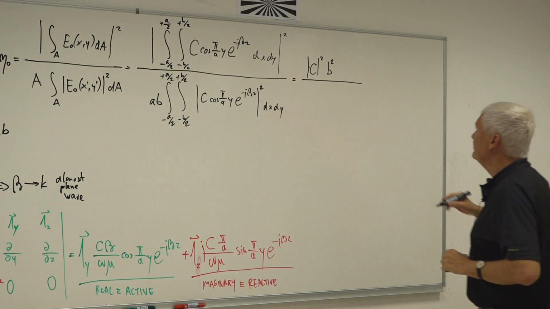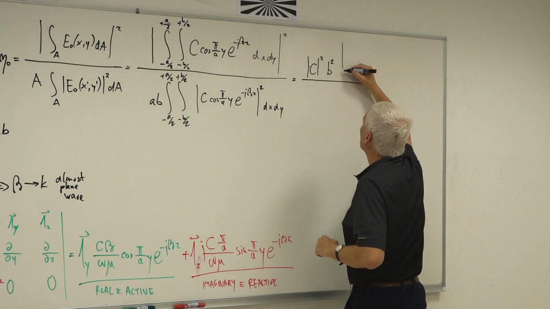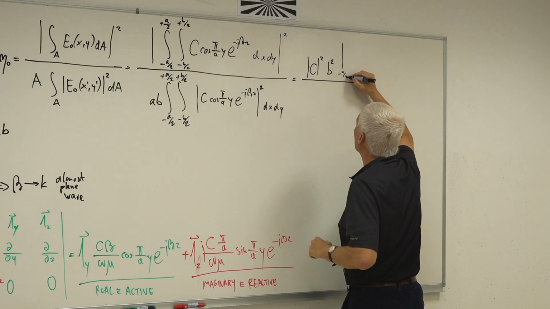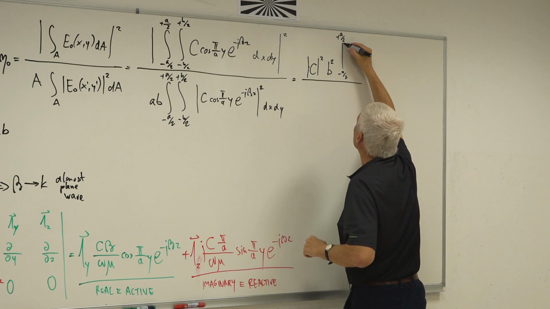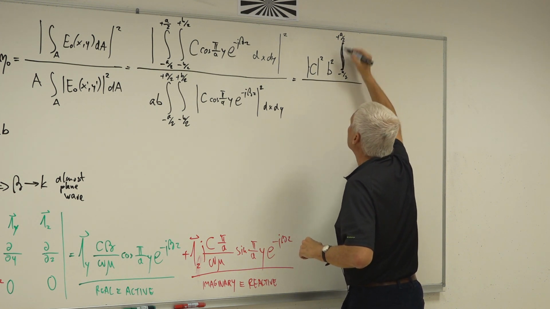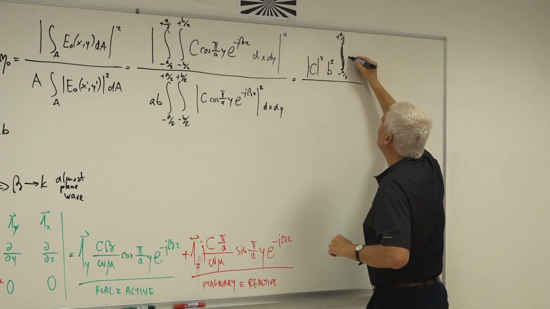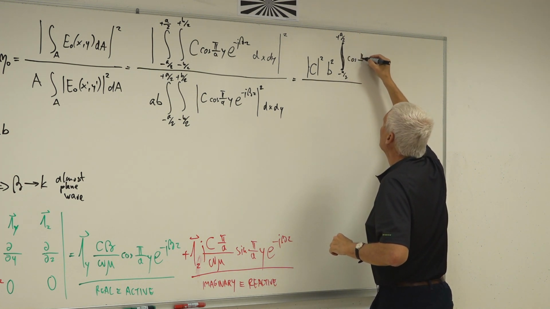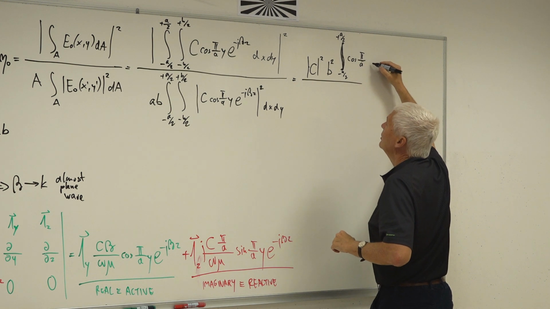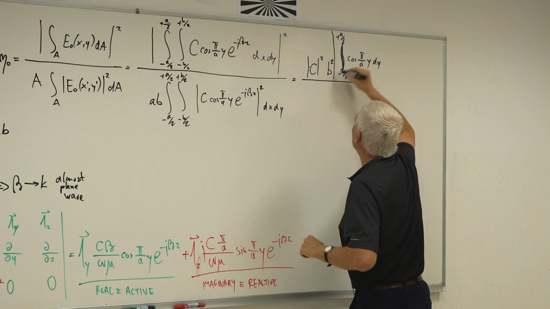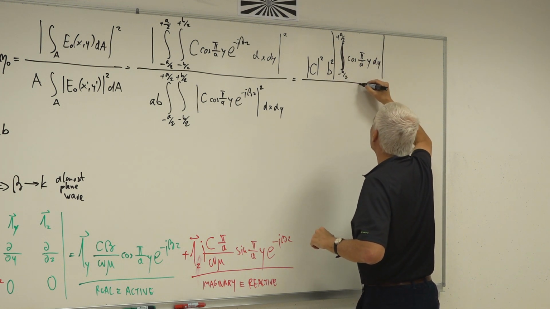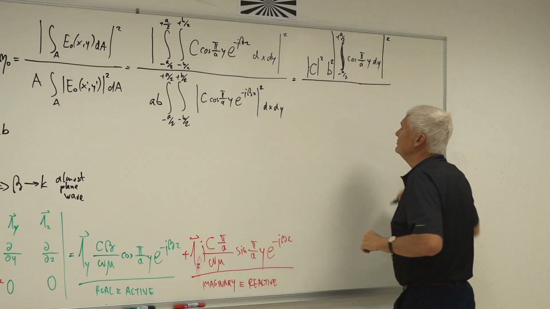And then I have an integral from minus a half to plus a half of cosine of pi over a y dy, and this should be taken absolute value and squared.